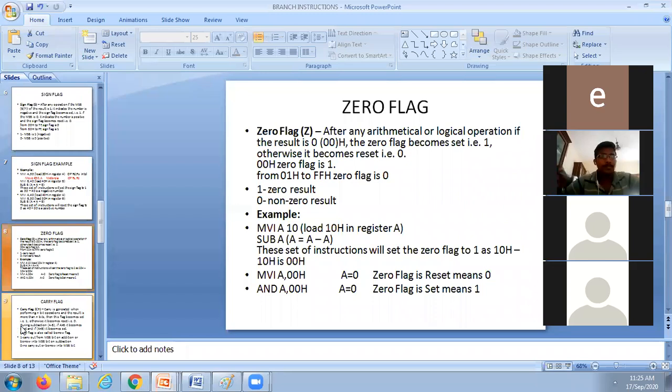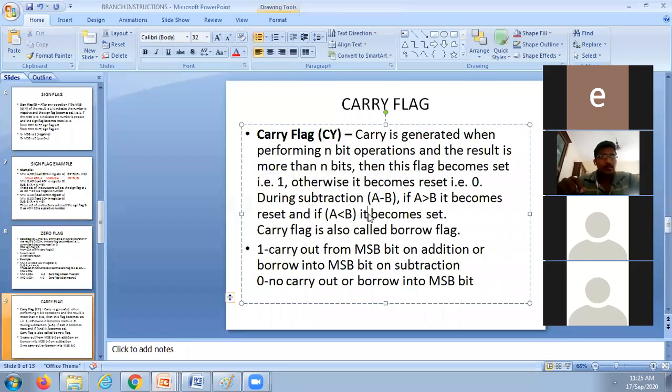Okay, sir. Then after that, the next one is carry flag. Carry flag means, when you are doing addition or subtraction, this carry flag is to be affected.